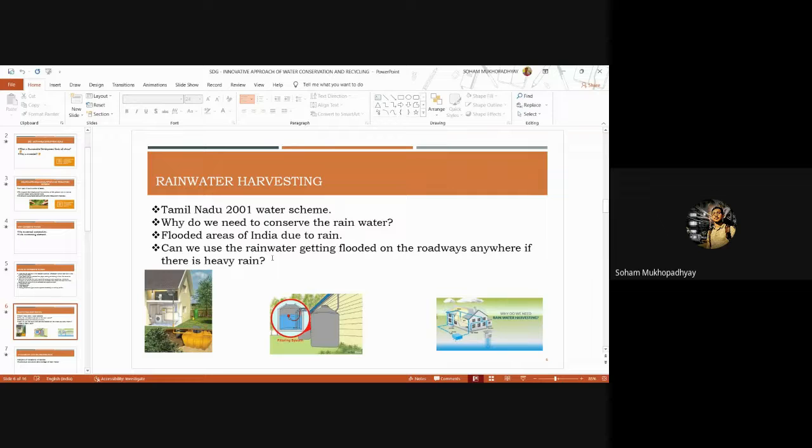We are planning to use this flooded rainwater, to be stored and used properly after purification.